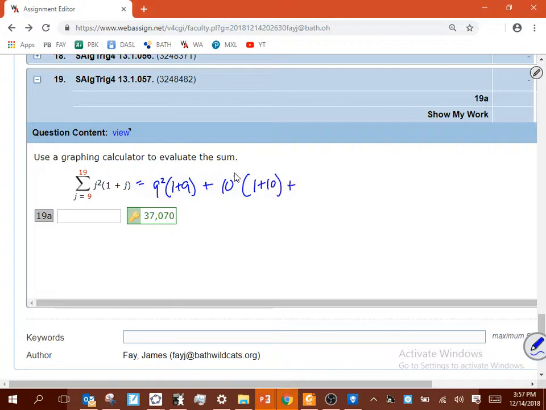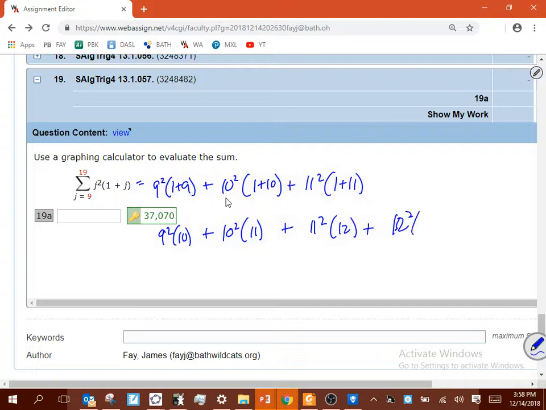And then when J is 11, I go 11 squared times 1 plus 11. You could do that, but that's going to be a pain. You can see a pattern, 9 squared times 10, plus 10 squared times 11, plus 11 squared times 12, plus 12 squared times 13, and maybe that helps you write it out faster, but it's still going to be a pain.